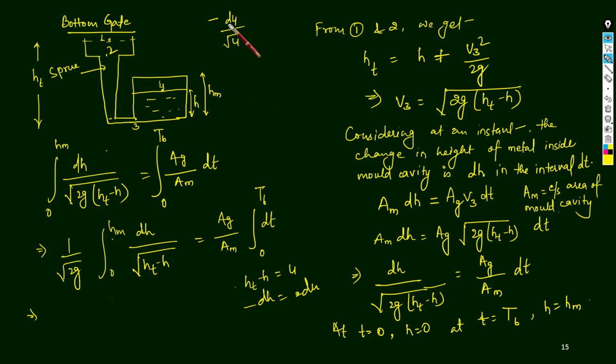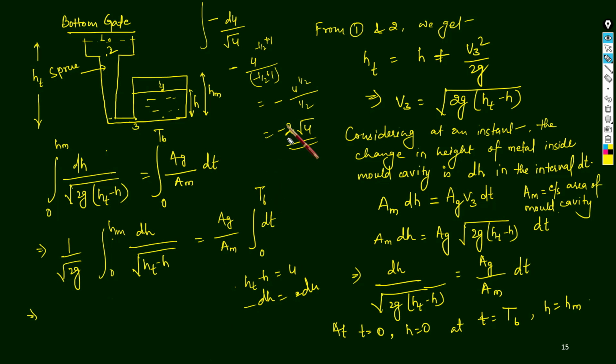The integration of du divided by root under u will be u to the power minus 1 by 2 plus 1 divided by minus 1 by 2 plus 1, and this is minus already, so it will be minus u to the power 1 by 2 divided by 1 by 2, that is minus 2 into root under u. Check the integration.